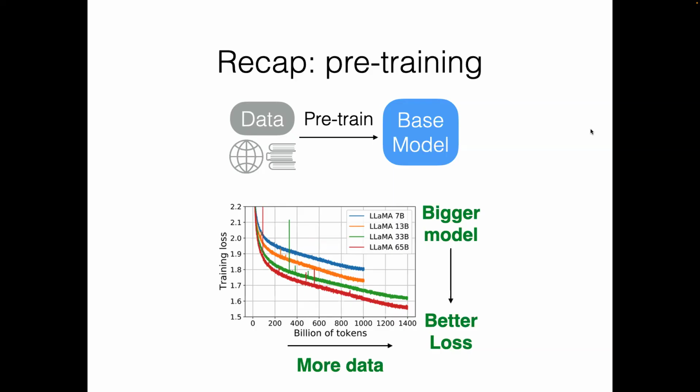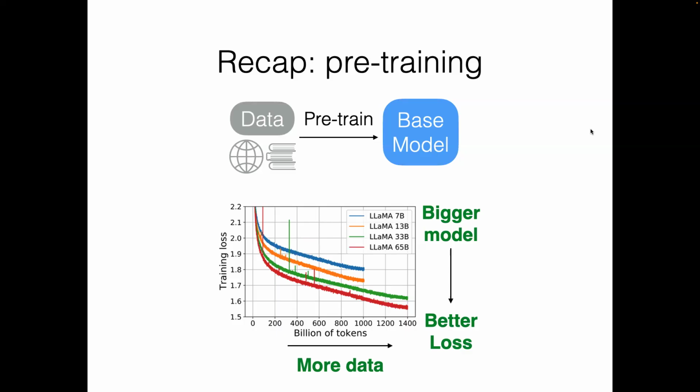The key thing that we observed in the lecture is that by spending more computation, which is related to the size of the model and the amount of tokens you're training on, so the amount of data, you get a better model in terms of its loss. Here's this plot that we saw, and you can see that as you make the model bigger and train on more data, its loss is decreasing.